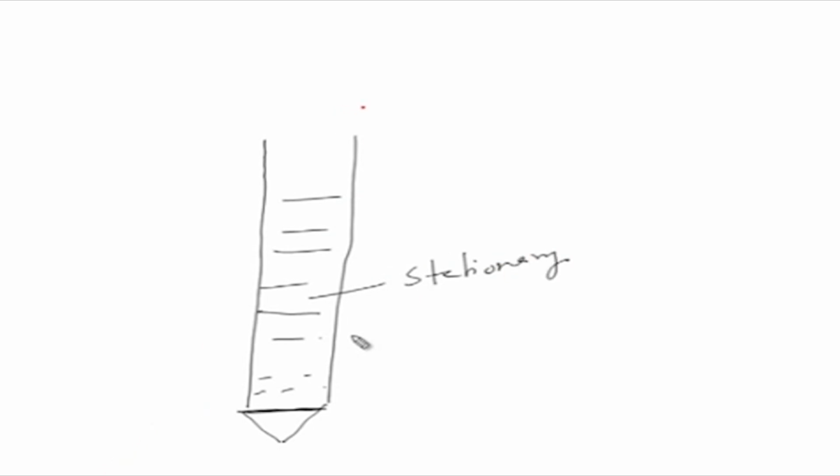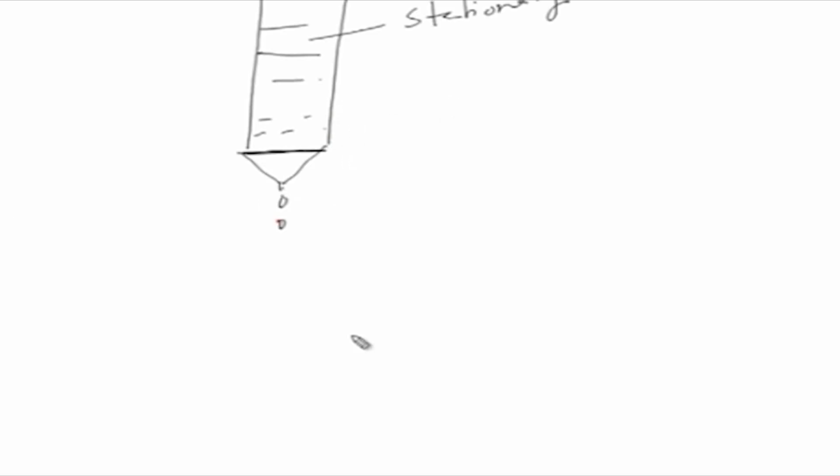The mobile phase will be put in from the top, through gravity or a pumping system, as I will show you in the coming lectures, and then drops come out, and as per the affinities to the stationary and mobile phase, the analytes will be separated and these fractions can be collected separately. So, this is a simple depiction of column chromatography, and we are going to see it more as we go along.